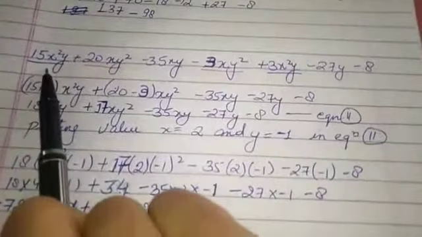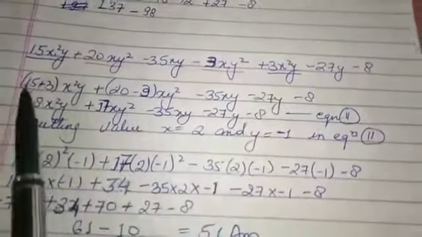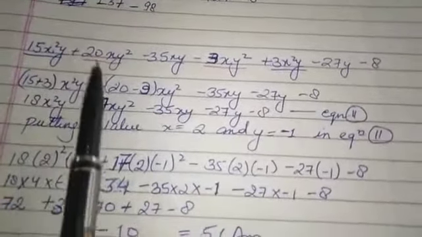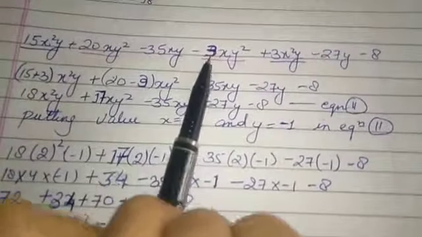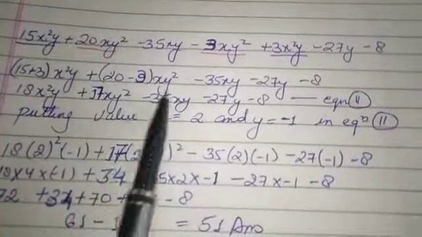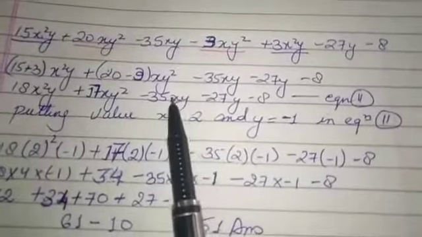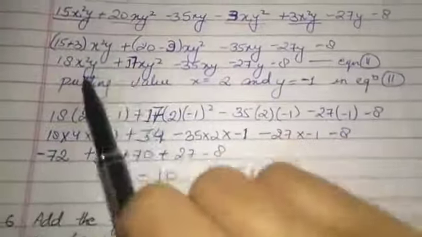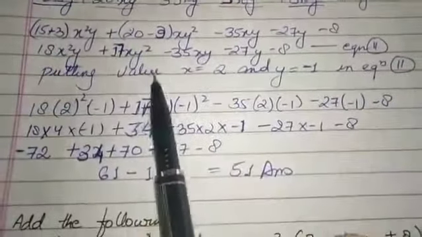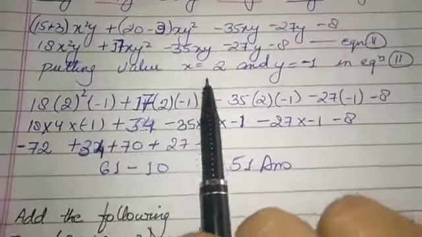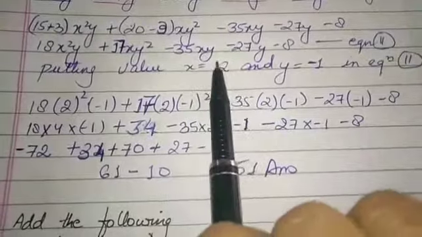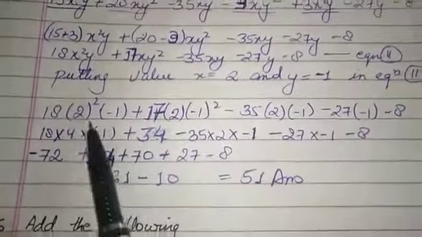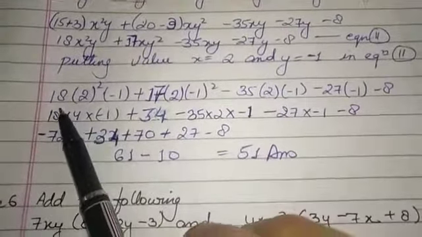15 plus 3 will be 18x square y, 20 minus 3 will be 17xy square, whereas minus 35xy, minus 27y and minus 8 will be the same. Now I got this equation. In this step I am going to put the value of x equal to 2 and y equal to minus 1.